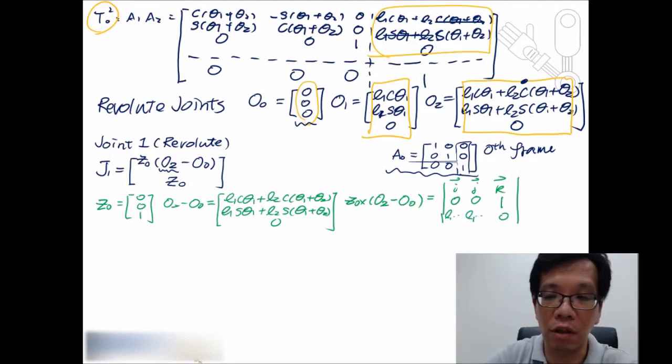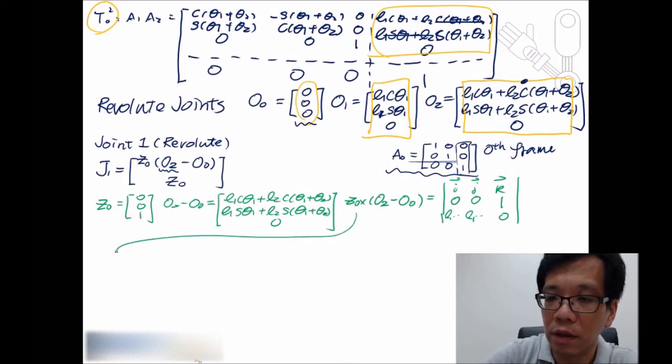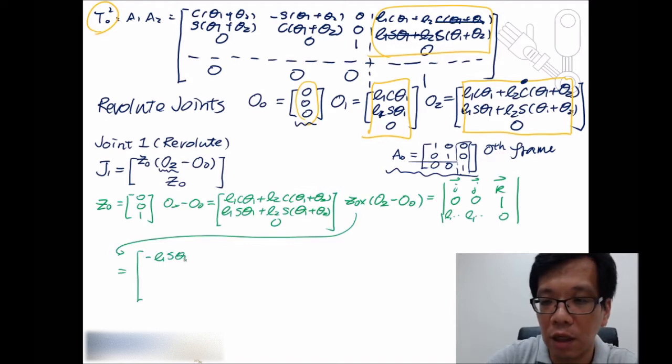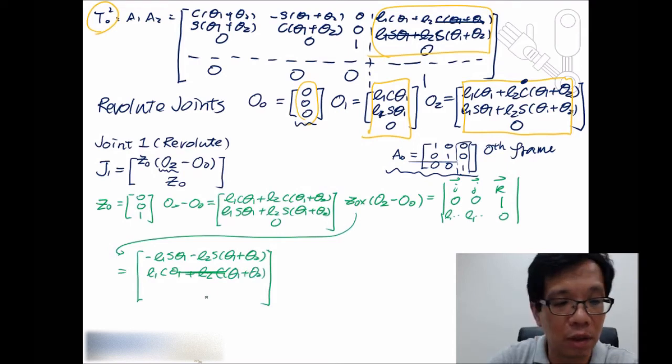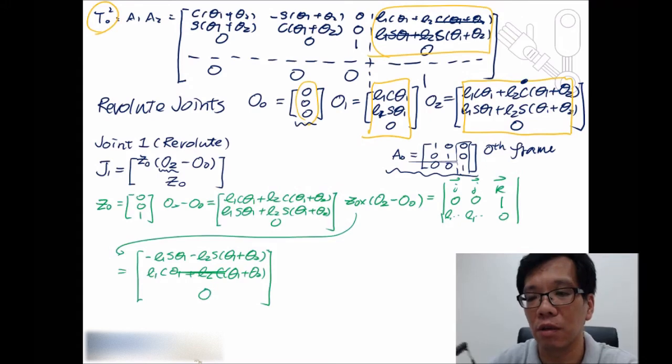So if you do that, you're going to find out the result is going to be negative L1 sine theta 1 minus L2 sine theta 1 plus theta 2. The second component is going to be L1 cosine theta 1 plus L2 cosine theta 1 plus theta 2. The third component over here is going to be 0.